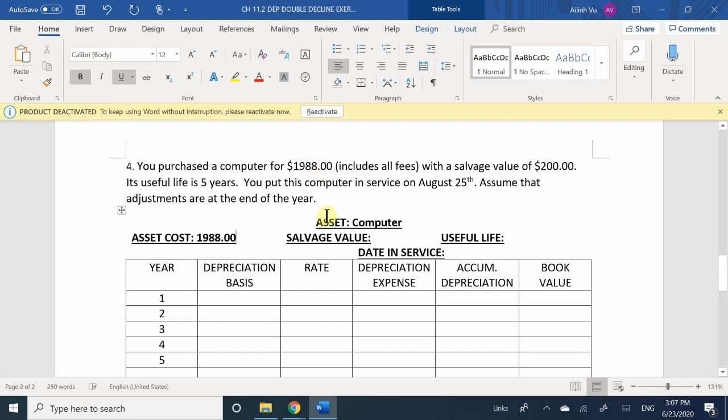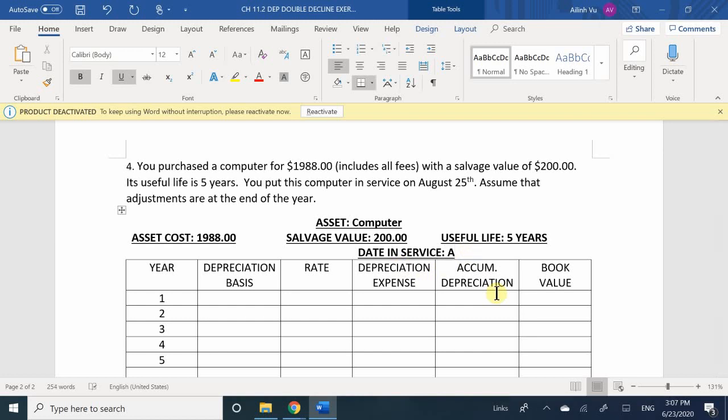And what's our salvage value? $200. And what is our useful life? 5 years is correct.